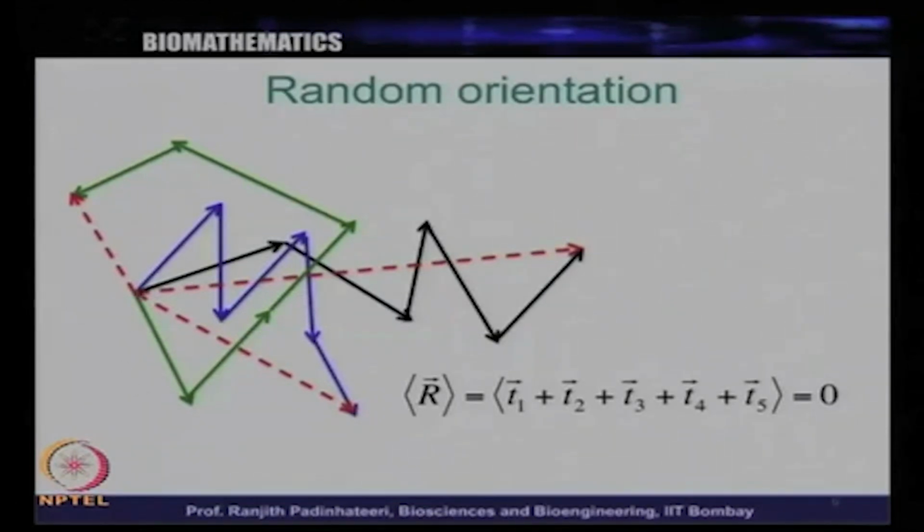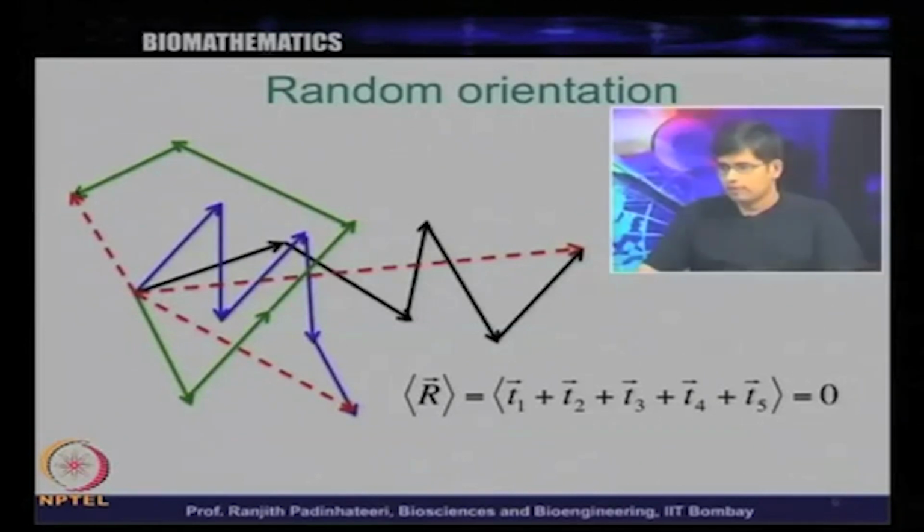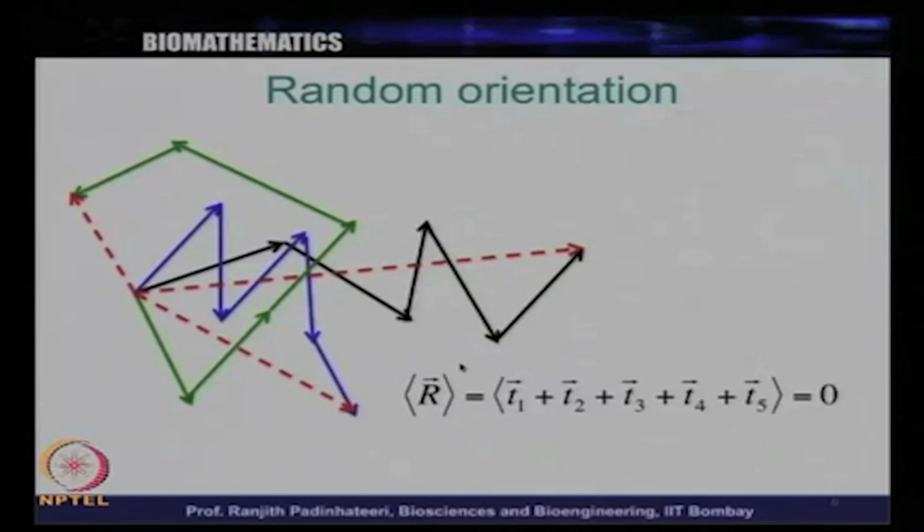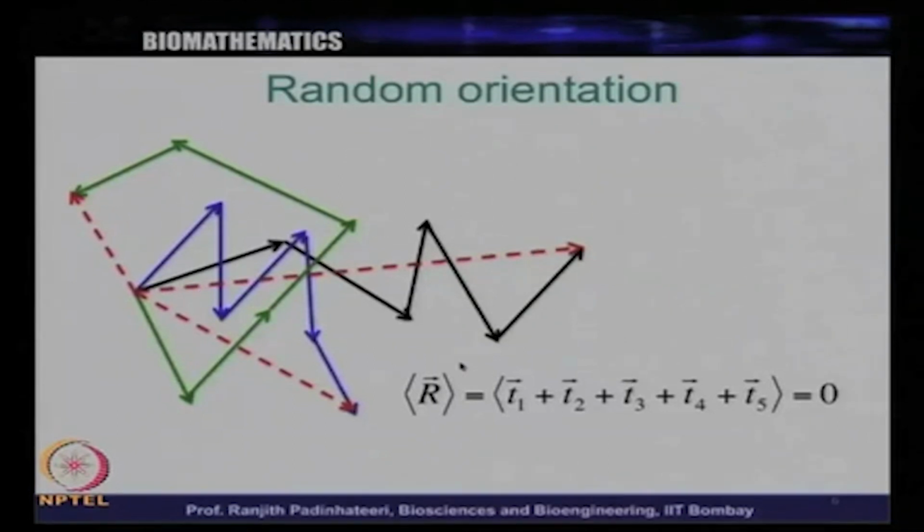The green has this orientation, 2, 3, 4, 5. So, there are 5 vectors, and they have an end to end distance like this. And the next one, the blue one, has some particular orientation and its end to end vector is this. If you look at the red only, the end to end vector only, of 1,000,000 configurations, what do you expect to get?